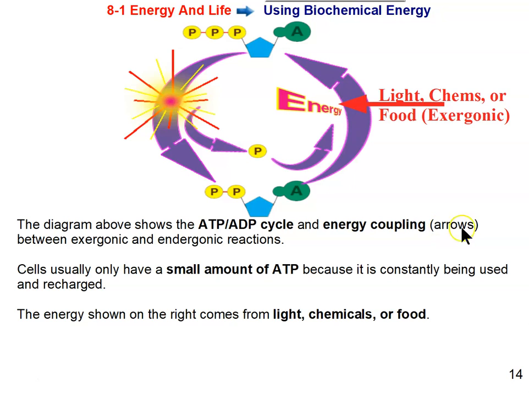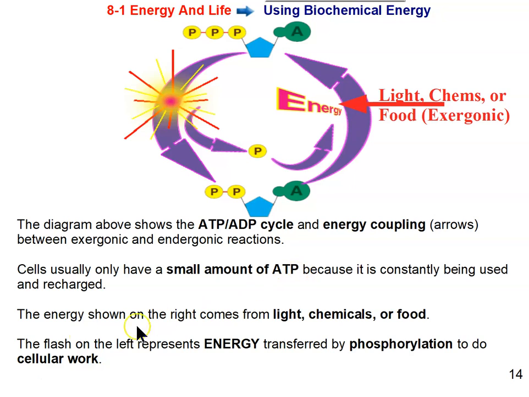So notice here I have in parentheses arrows, so the energy coupling is being represented by the arrows. Light, chemicals, photosynthesis, chemosynthesis, aerobic cellular respiration, or fermentation, those are exergonic reactions. So we have energy from exergonic reactions, that's this energy. And then the flash on the left represents energy transferred by phosphorylation.